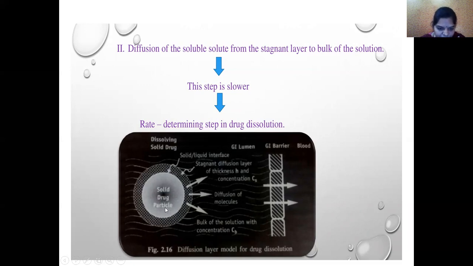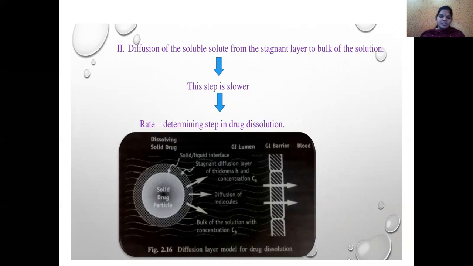See here, the solid particle is there and the dissolving drug is there. This is the solid liquid interface, where the stagnant diffusion layer is formed. These are the molecules which are diffused, and they will enter into the GI lumen, the GI barrier and blood. So what is the important thing in this diffusion layer model?